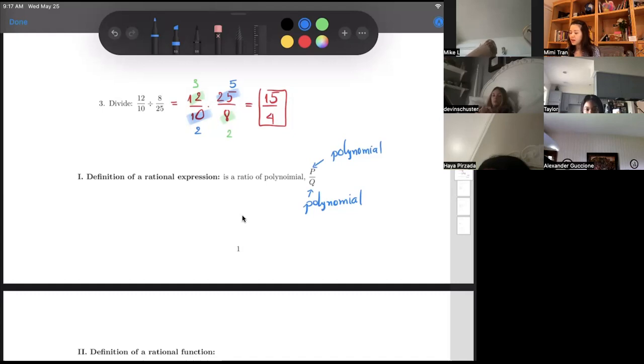Q takes a bit more TLC. So think about when you have a fraction, what can you divide by? You cannot have what in the denominator? 0. Yeah, so what does that mean? In this case, Q should not be what?